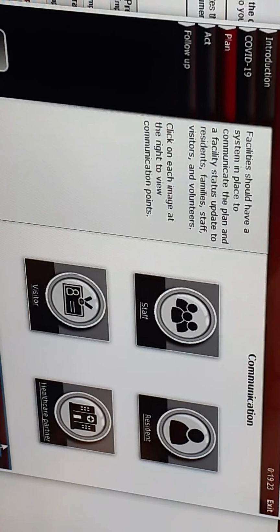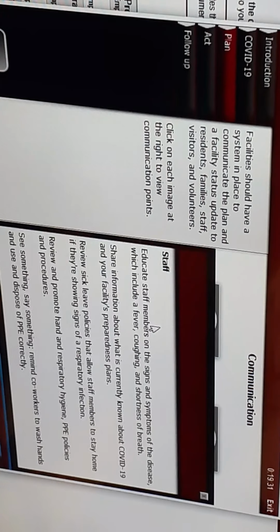Facilities should have a system in place to communicate the plan and a facility status update to residents, families, staff, visitors, and volunteers. Click on each image at the right to view communication points.